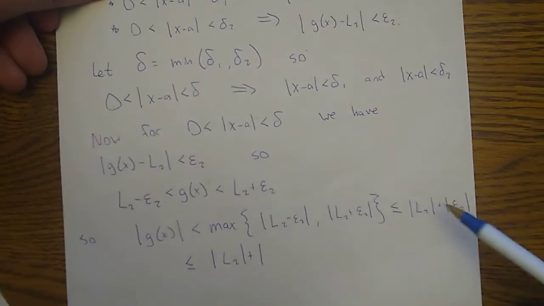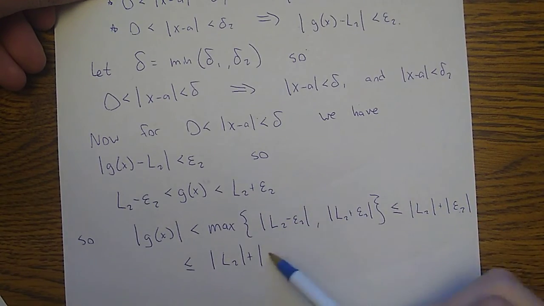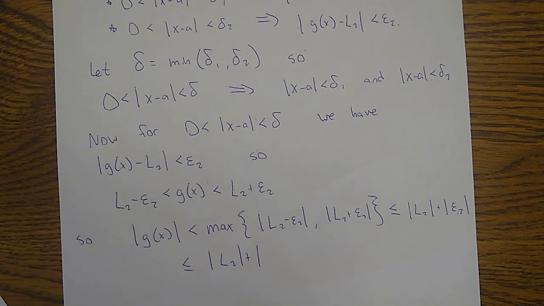So I'm justified down here replacing epsilon 2 with 1. Okay? And so this is the bound on the absolute value of g of x that we wanted to establish.